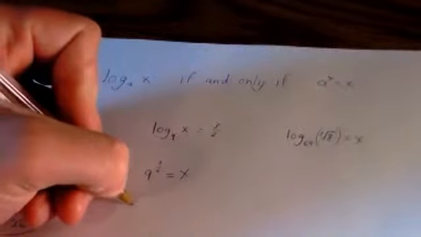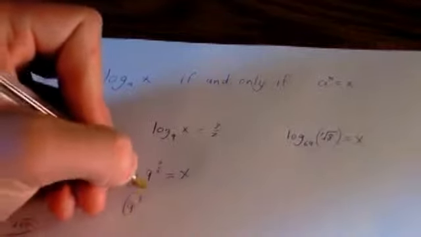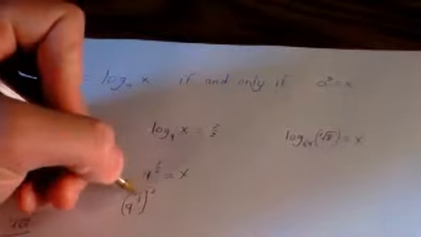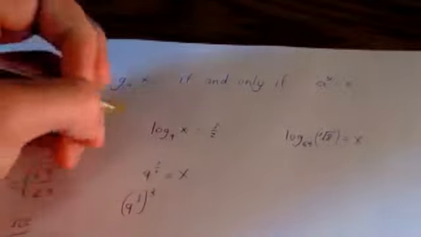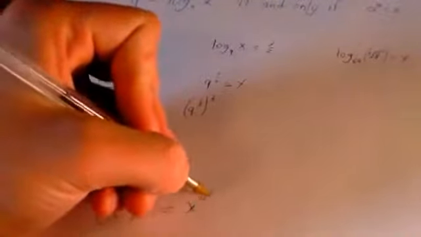Alright, 9 to the 3 over 2. Well, we can calculate that pretty easily. We just have to rewrite it this way: 9 to the 1/2 cubed, and we're doing that with our properties of exponents. Remember, let me write the property here: x to the a to the b equals x to the ab.